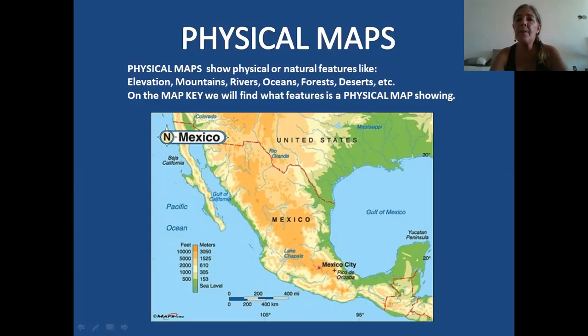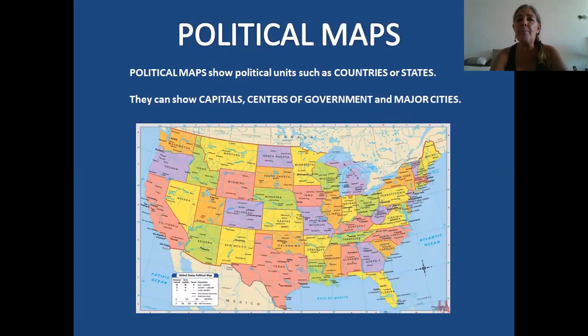Another kind of map that we can have are political maps. The political maps show political units such as countries or states. They can show capitals, centers of government, and major cities. If we analyze the map that we have over here, it's a map of the continental United States.